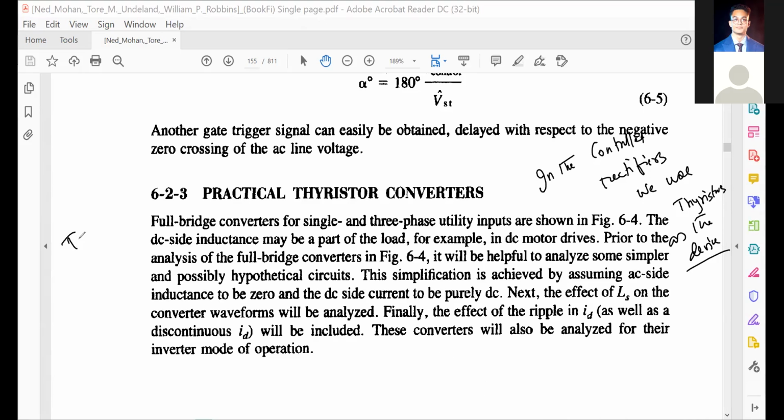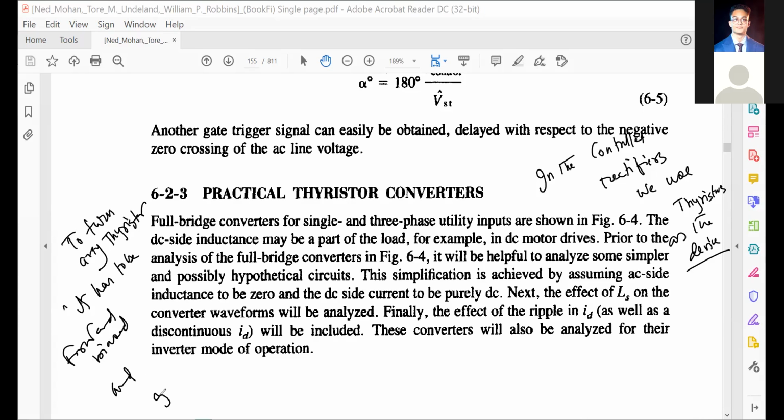So to turn on any thyristor, it has to be forward biased and a gate pulse has to be applied, right? And how to generate the gate pulse, in the last class we have already discussed.